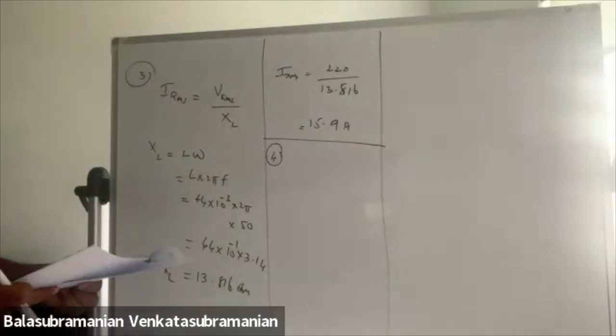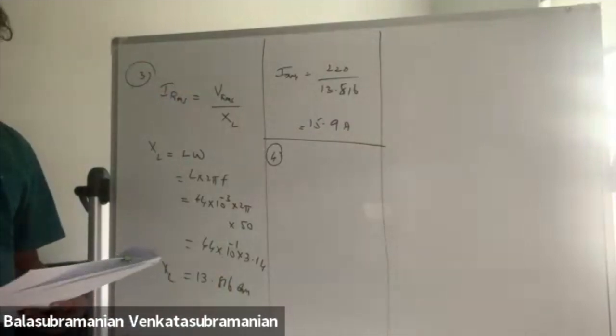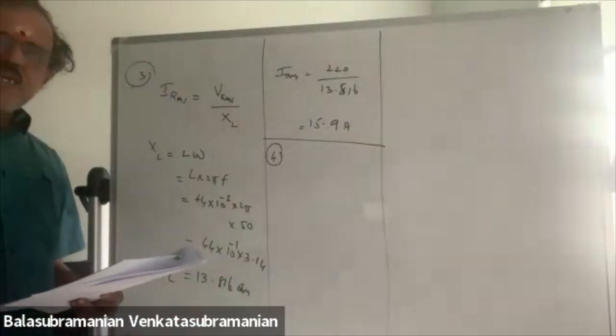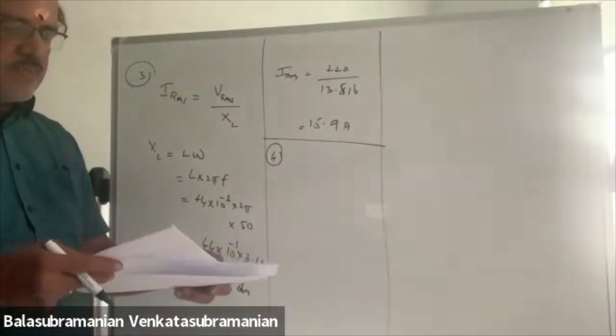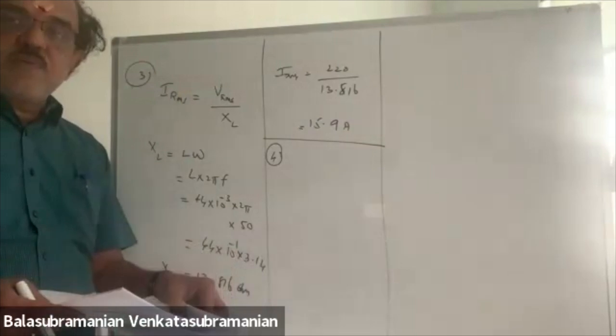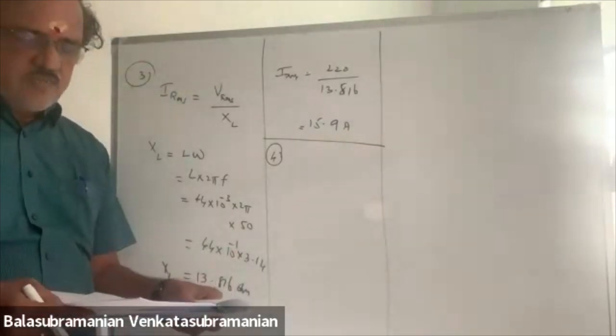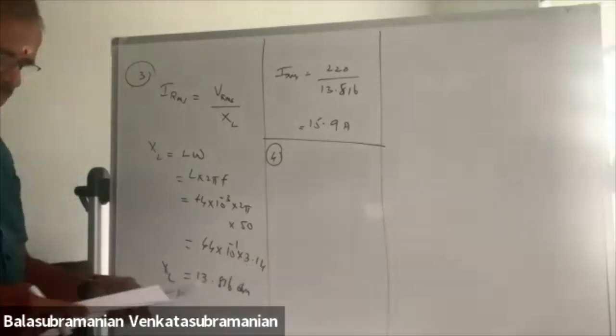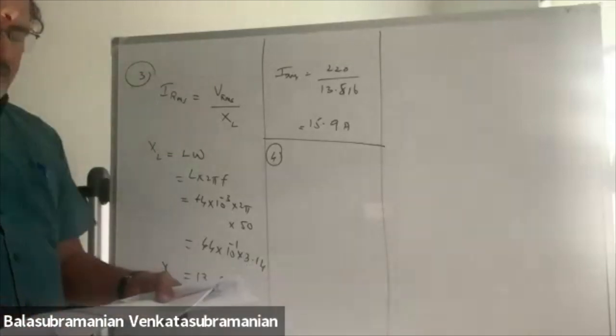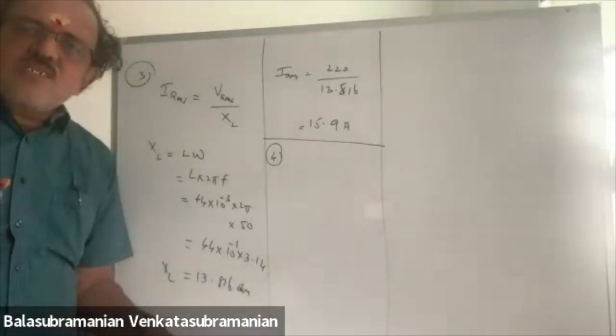Fourth problem. A 60 microfarad capacitor is connected to a 110 volts 60 hertz supply. Determine the RMS value of current. Before calculating the current, we have to calculate resistance.